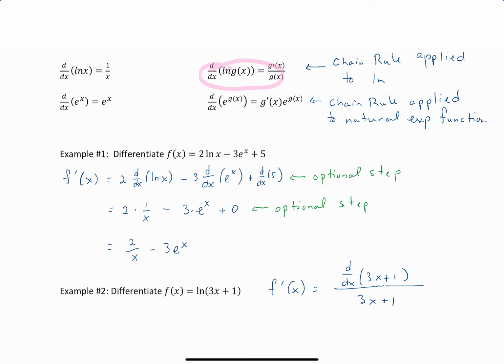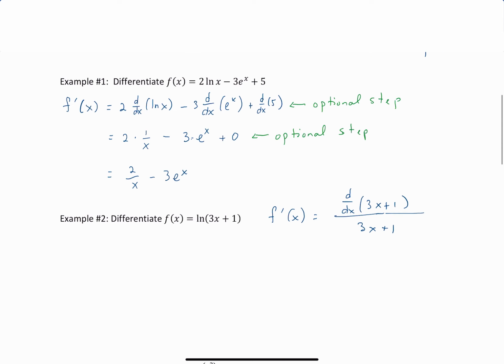And again, this is really an optional step. I'm just putting it in the notes to help explain what I'm doing here. So what we're going to get for f prime of x, we have a 3x plus 1 down below, and on top, the derivative of 3x plus 1 is just 3. And if you're comfortable doing it, you can just jump to this answer.